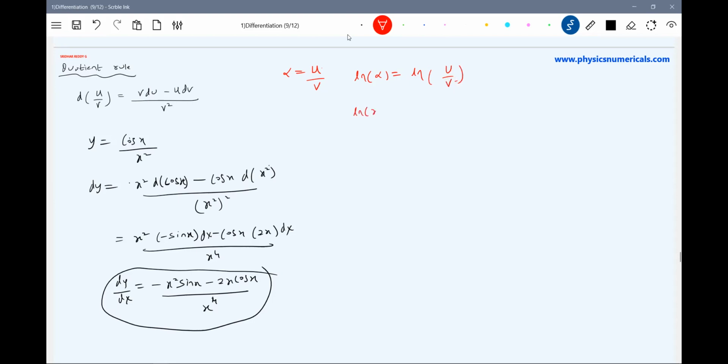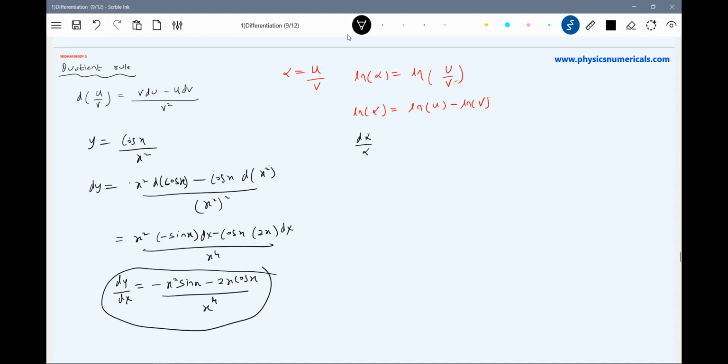Then this will become log alpha equals log u minus log v. Then let me differentiate this: d alpha, the derivative of log, will be d alpha by alpha.